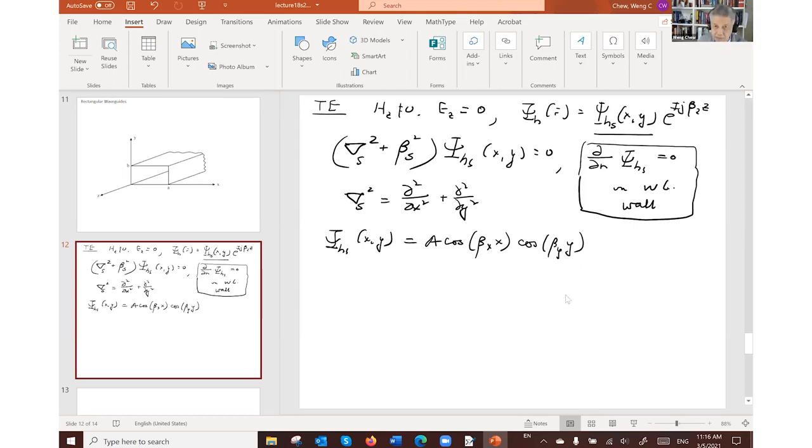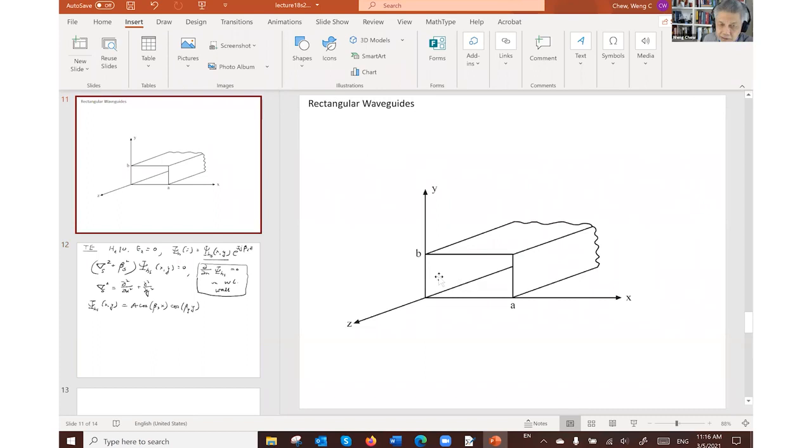And then in addition to satisfying the Neumann boundary condition on this wall and that wall, you will have to take its normal derivative, and that you know how to do. If you're on this wall, what direction should you differentiate this function to find the normal derivative of the scalar potential on the waveguide wall?